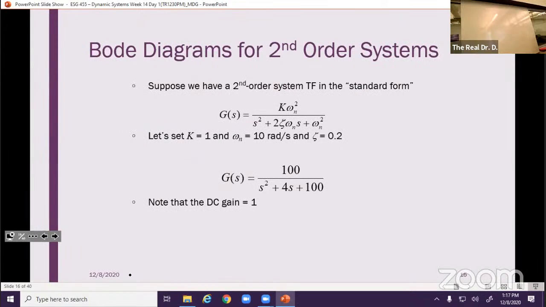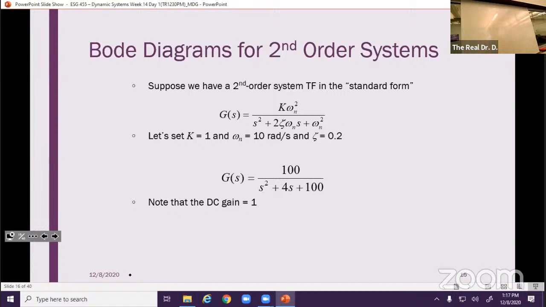Second order, then. Let's go up. So let's just say, for example, we have this system here. In general, the standard form of a transfer function in second order is K omega n squared over s squared plus 2 zeta omega n s plus omega n squared.